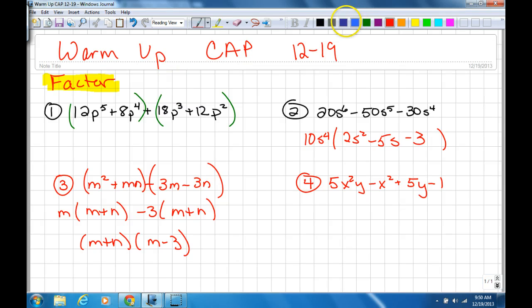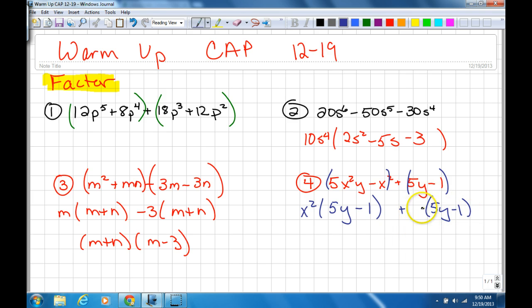So number 4, I'm going to use grouping, again, because there's 4 terms. So what can I take out of the first term? An x squared. So I have 5y minus 1. On the second one, I have 5y minus 1 still right here.